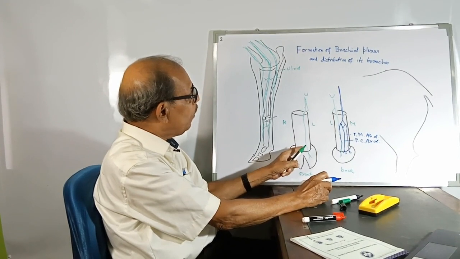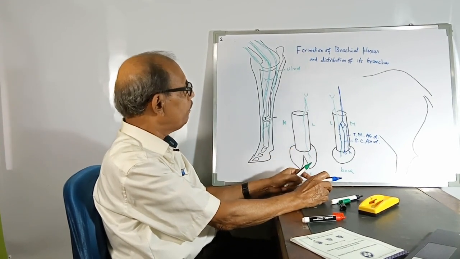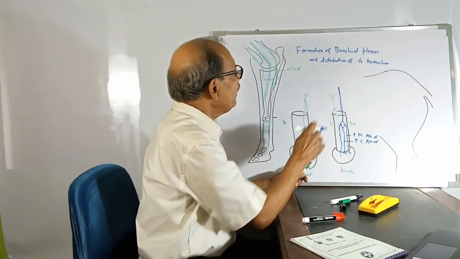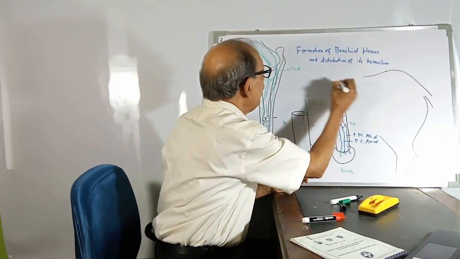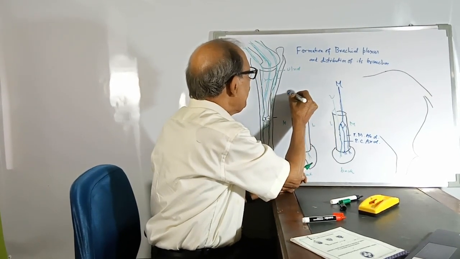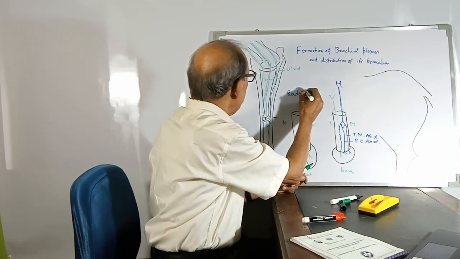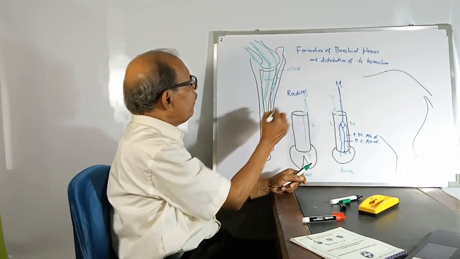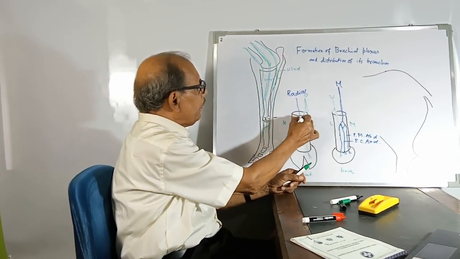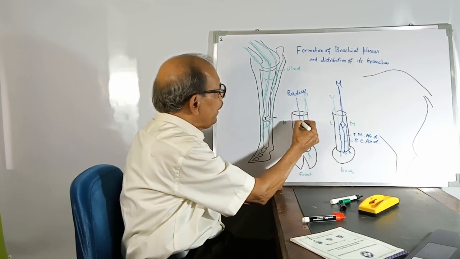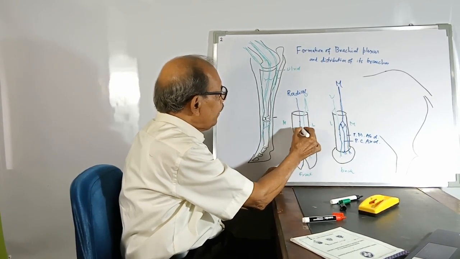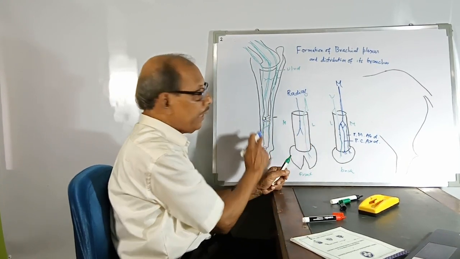Similarly, three nerves will get in the front. What happens? This is the median nerve. Now here is the radial nerve coming. Radial nerve is going in front. So this will come downward and will be divided into lateral and medial branches.